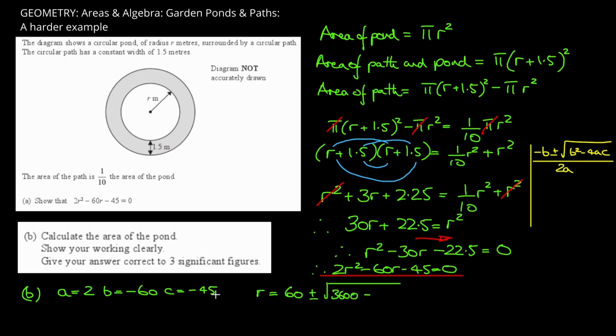Now, is it plus or minus? We've got negative from the formula, but C is also negative, so this will be positive. Now I can forget the signs. 4 times A, which is 8, multiplied by 45, all over 2 times A, which is 4.